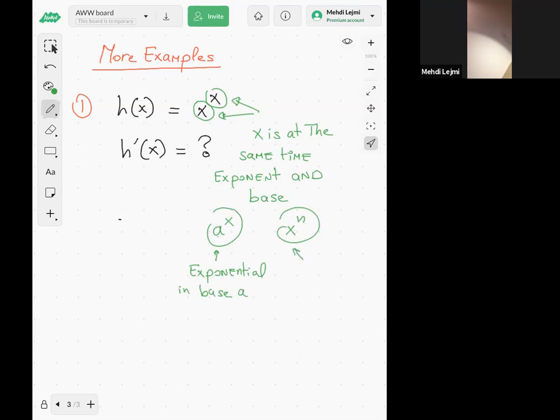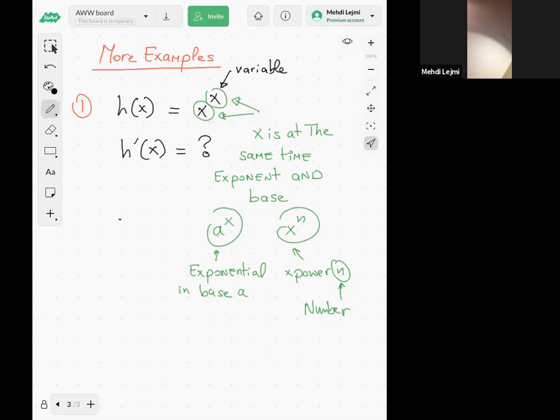But the n in x power n is supposed to be a number, a constant. But here, it's not a number. Here, it's a variable, x to the power x. So my x here is not a number, it's a variable x, okay?